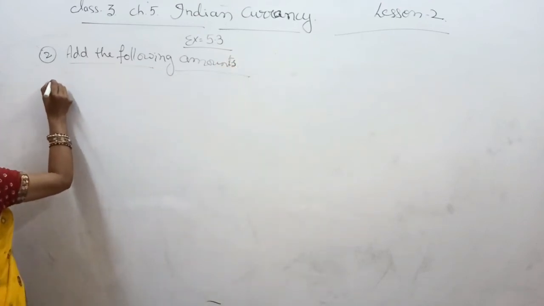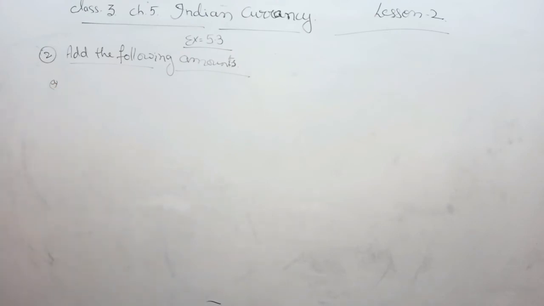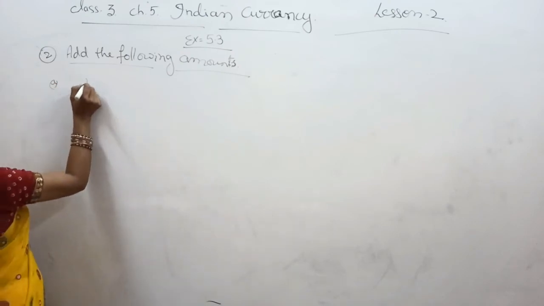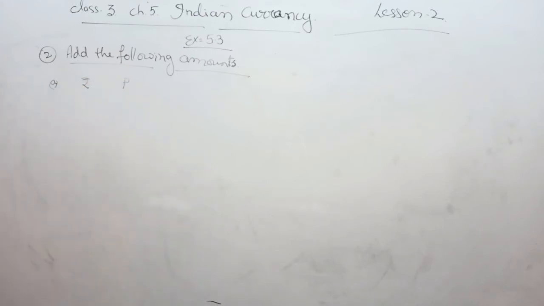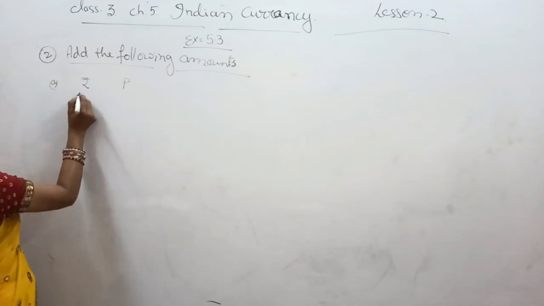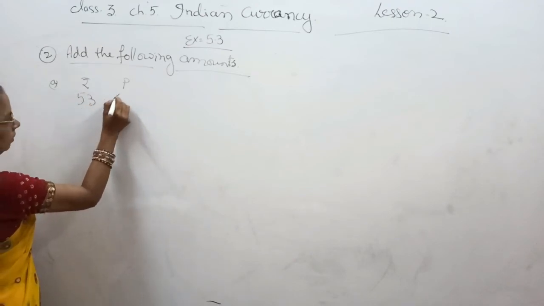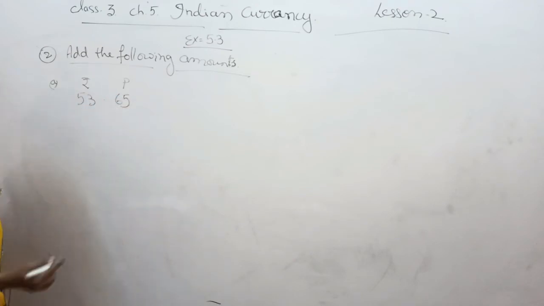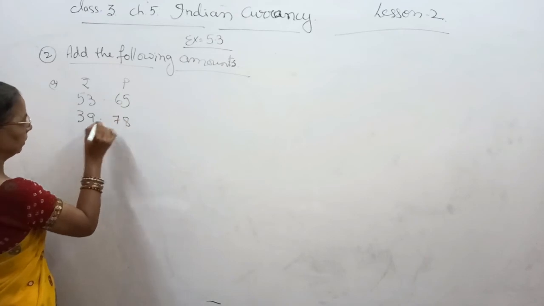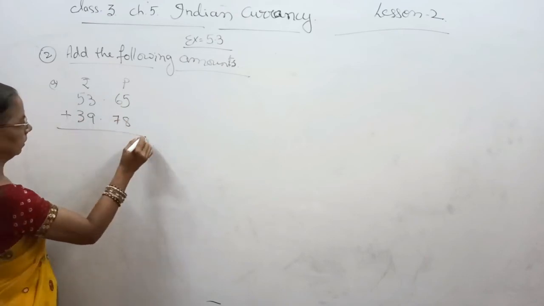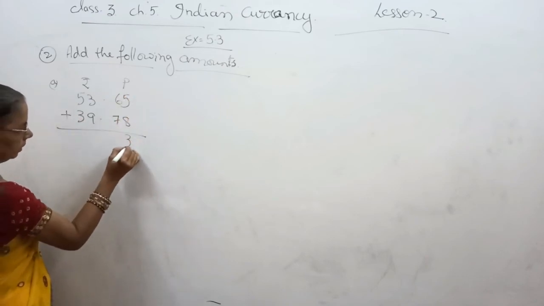Now first question is given in columns, that is rupees and paise. Now first one, 53 rupees 63.5 paise. Then second one, 39.78. Make it plus. Then 5 plus 8, it is 13.